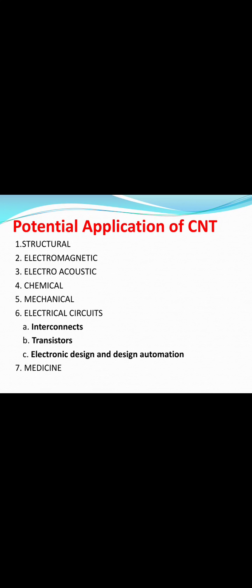The sixth one is the electrical field, electrical circuits, that is interconnects, transistors, electronic design and design automation. And finally it is also used in the medicine field. So these are some of the potential applications of carbon nanotubes for commercial purposes.